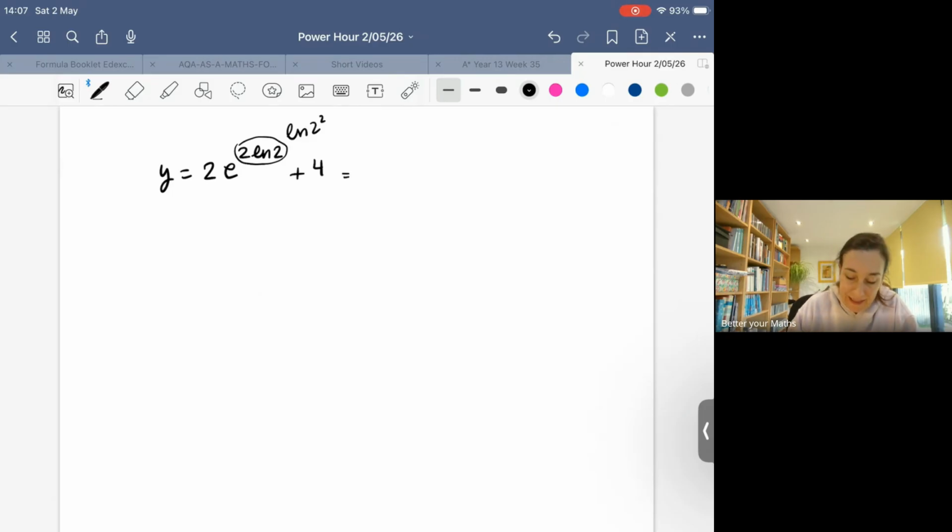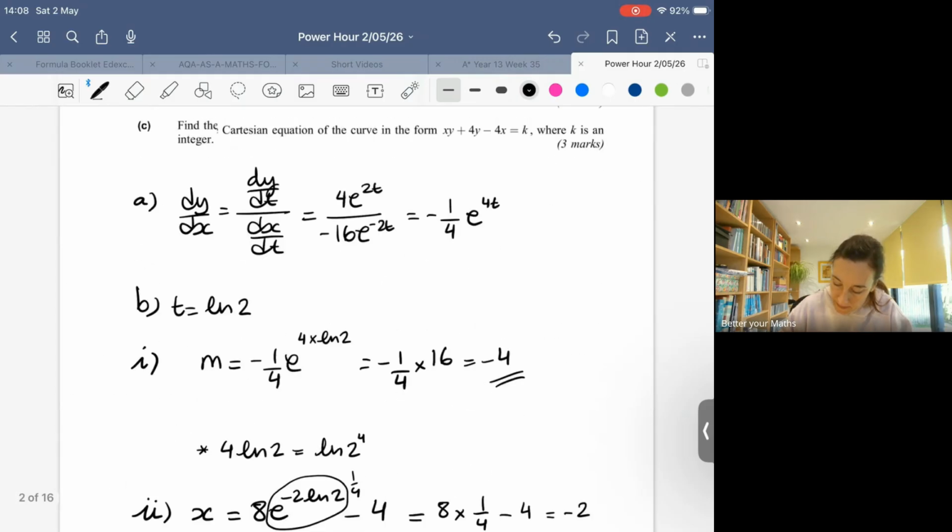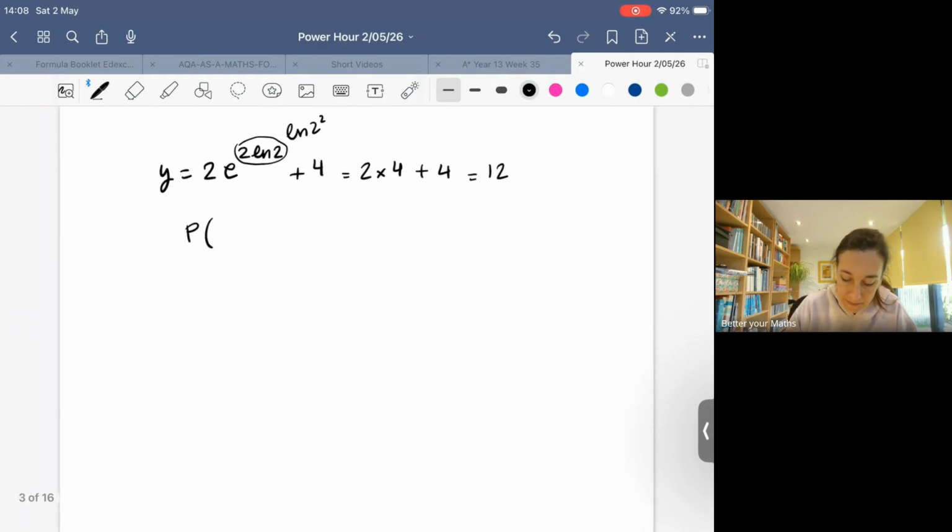E and ln cancel, and I have 2 times 4 plus 4, which is 12. So the coordinates of point P are, the x is -2, and the y is 12. Did you get the same? -2, 12. Okay, those are the coordinates of point P.